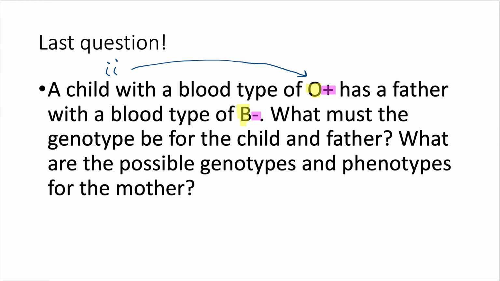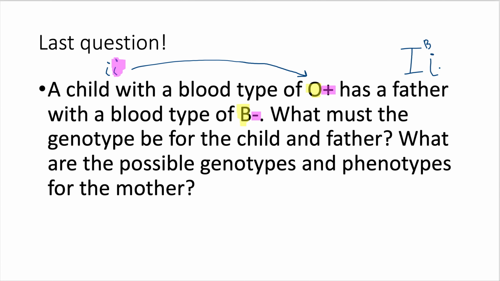Now, if the child has a little i from dad, that means that dad's genotype has to have a little i in it, because this child has a little i from their dad. So then the other one is big I with a B, because they're type B.